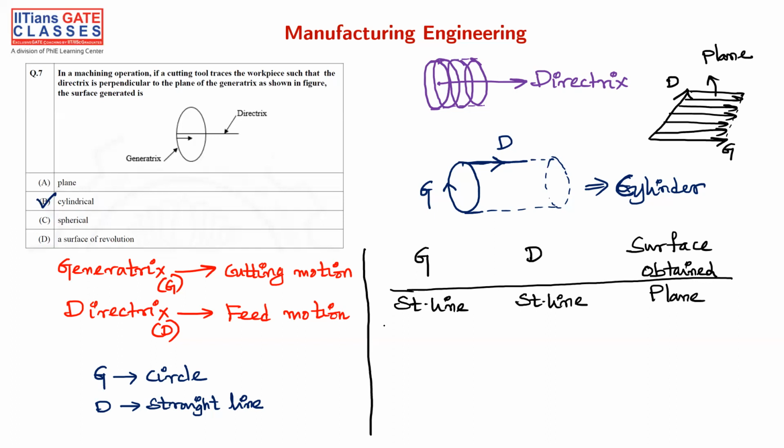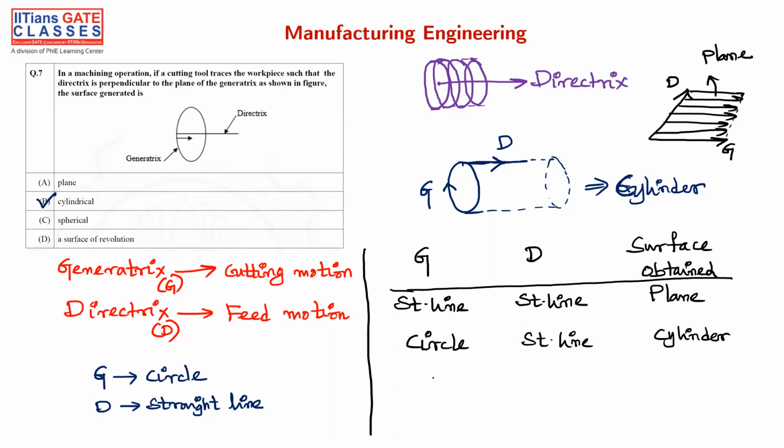If you have a generatrix as a circle and a directrix as a straight line, as in this question, that is a cylindrical surface.